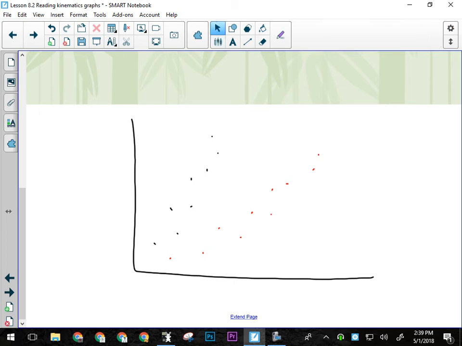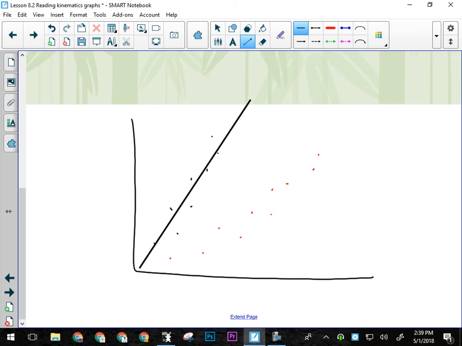Google Sheets will draw best fit lines for us. It'll say that was car 1 and this is car 2. Which one's faster? Car 1's faster. Its line is steeper. Its slope would be greater. It's the faster of the two vehicles.